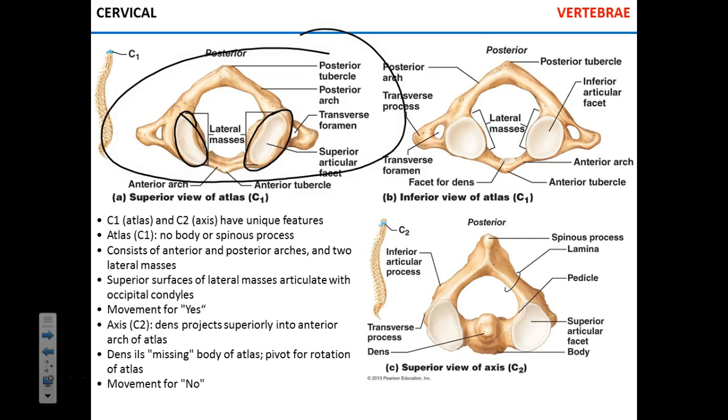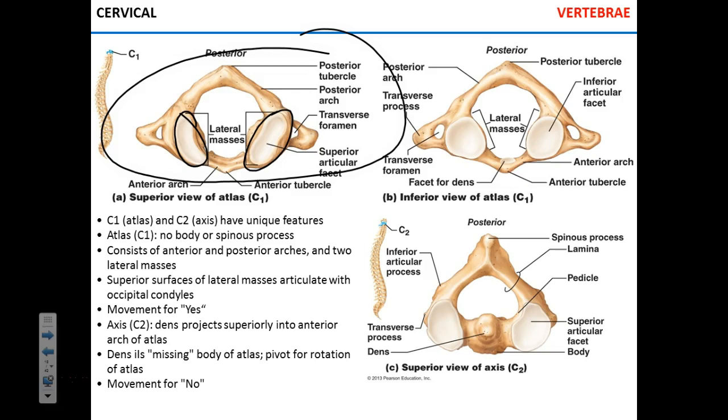They articulate with occipital condyles. Does that make sense? So this is what it looks like. Atlas is responsible for yes movement.